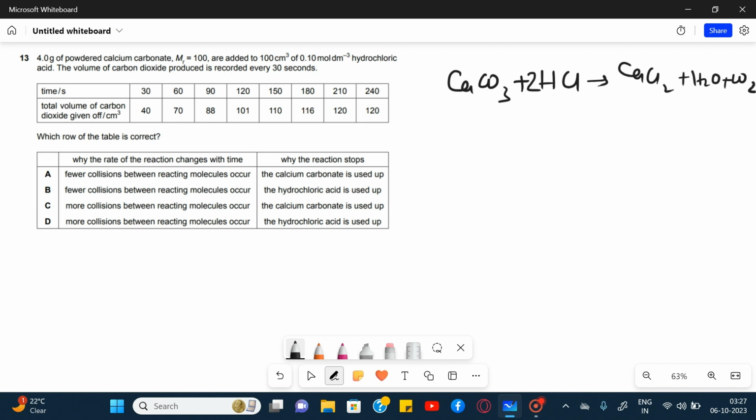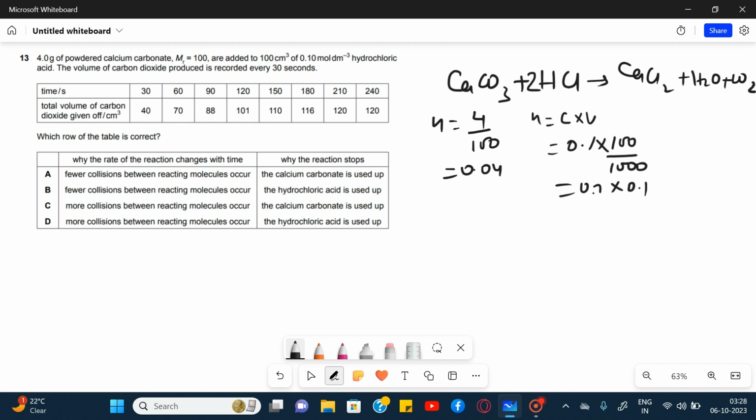Now what is the number of moles of calcium carbonate? Number of moles will be mass upon molar mass, 4 upon 100, which is 0.04. And number of moles of HCl will be equal to concentration times volume. Concentration is 0.1 times volume, which is 100 centimeter cube. So you convert 100 centimeter cube into decimeter cube by dividing by 1000. So it is 0.1 times 0.1, which gives 0.01, right?